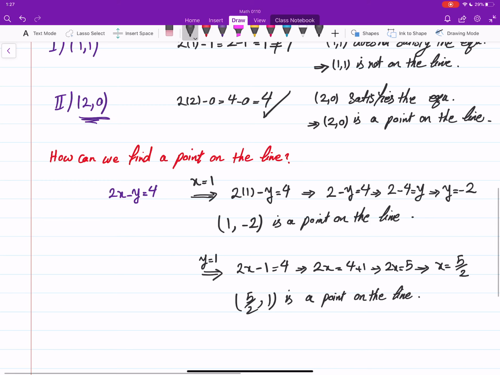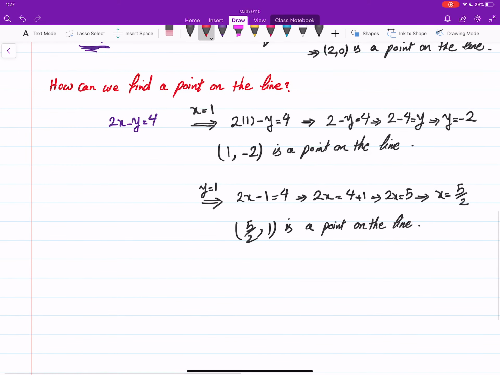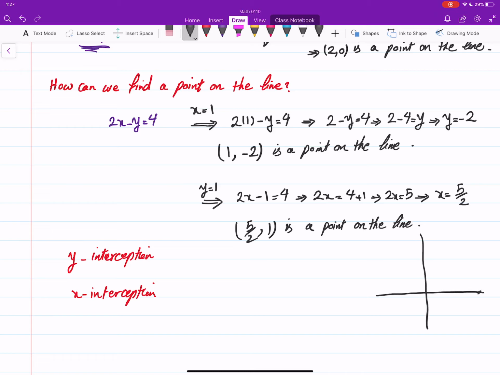So this way you can find points. There are two important points. We call them intercepts: the y-intercept and the x-intercept. Let me draw you a graph here. If you have a line here, with y and x axes, well, their names are very suggestive and have meaning.